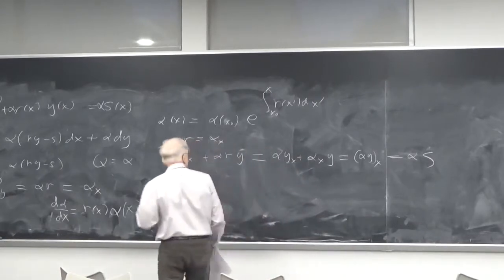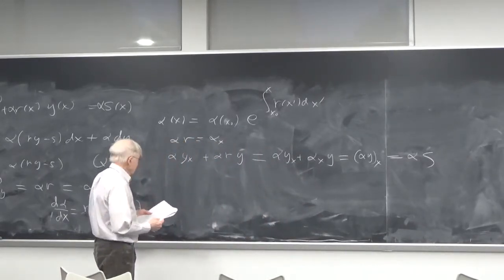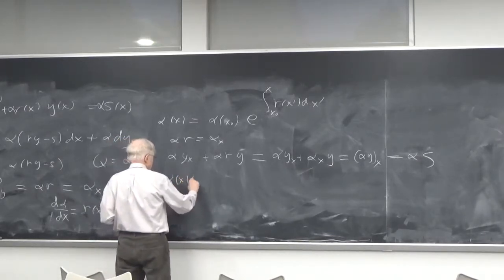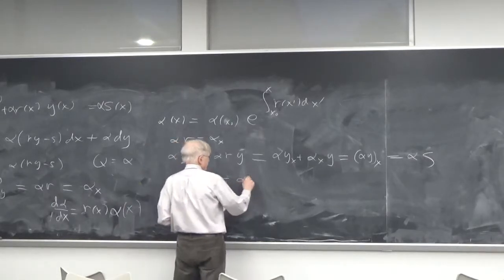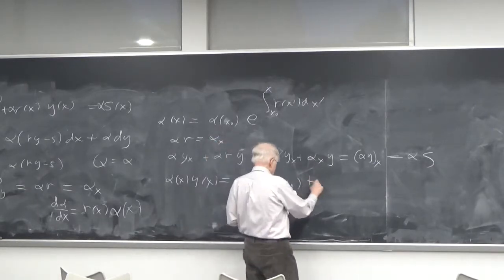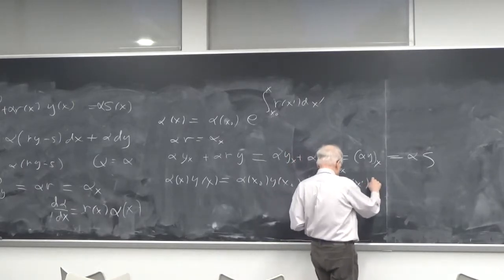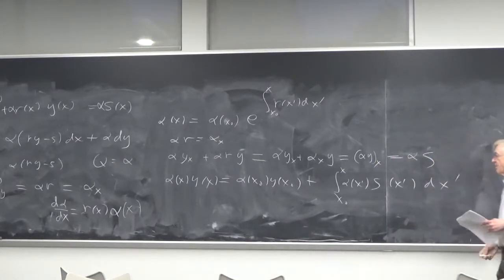And now this is an equation that's very much like the first equation, namely that we can just say that alpha of x, y of x, is alpha of x0, y of x0, plus an integral from x0 to x of alpha of x prime, s of x prime, dx prime.